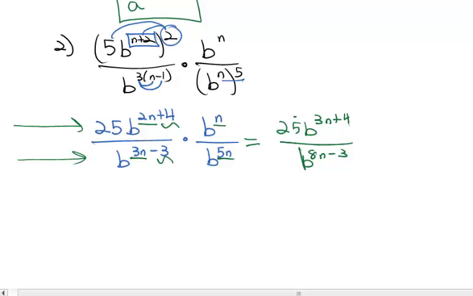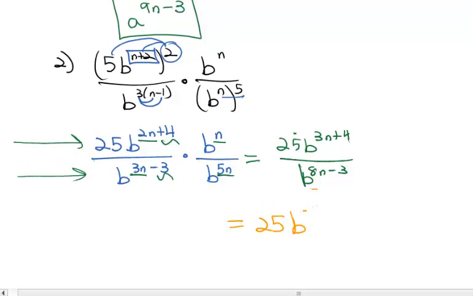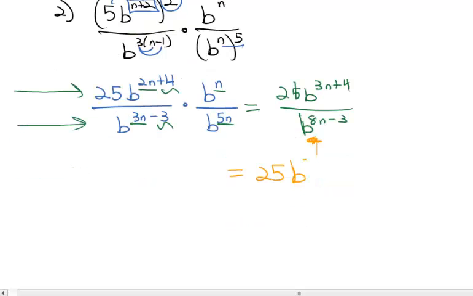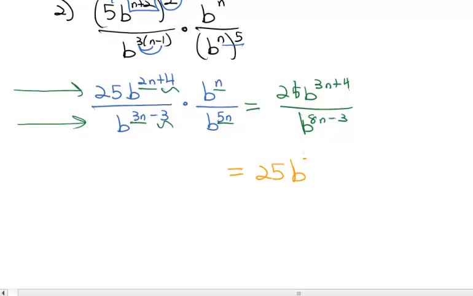Then when we subtract exponents on the b, you'll see on the ends we've got 3n minus 8n. That's going to be negative 5n.